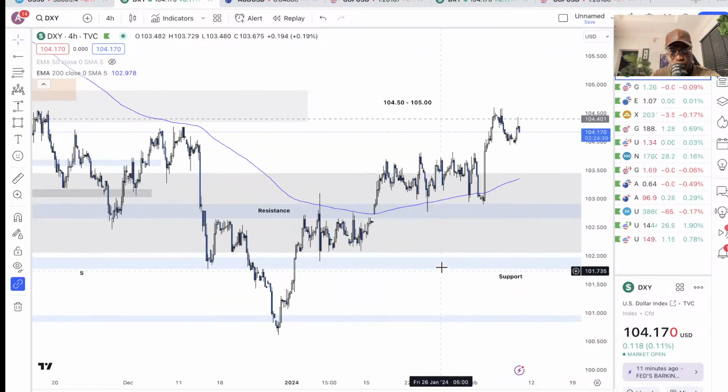You can see that it's trading above the 200 period moving average after the recent data showed us that there were 218,000 initial job claims last week. So we're pretty much waiting for comments from the Fed officials, and we'll see how that's going to impact the dollar.